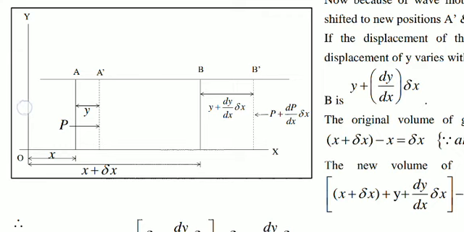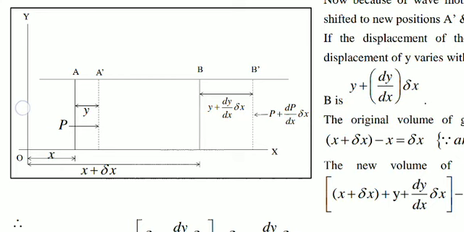Now we actually want to find out how much plane B is shifted to B dash. How much is the distance between plane B and B dash? This distance will be y plus dy by dx into delta x, because I have already told you that the shifting of B will depend on this y. Why delta x?